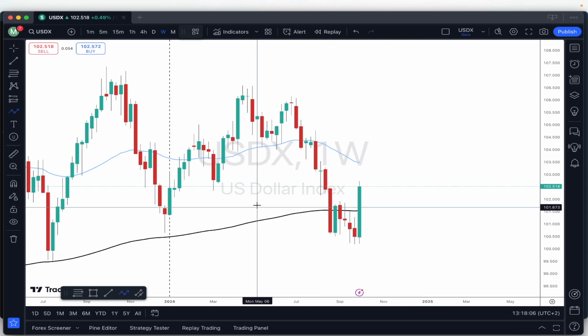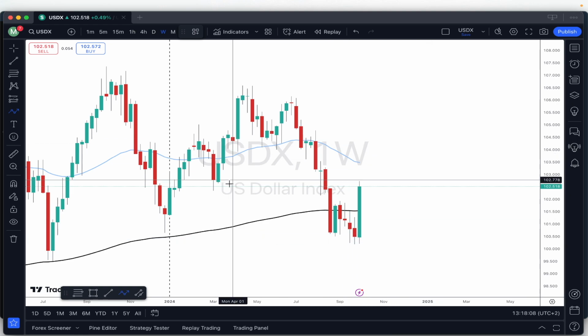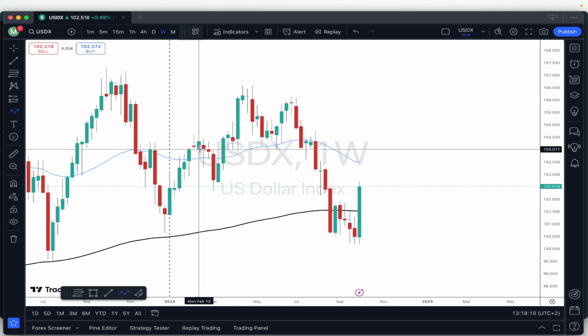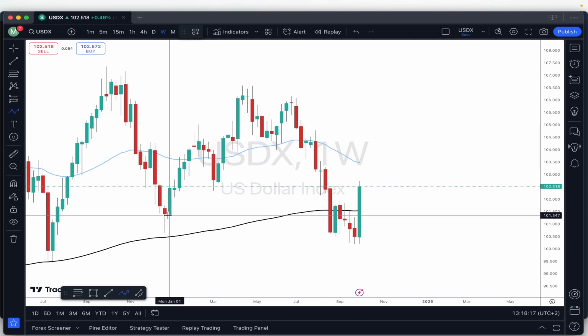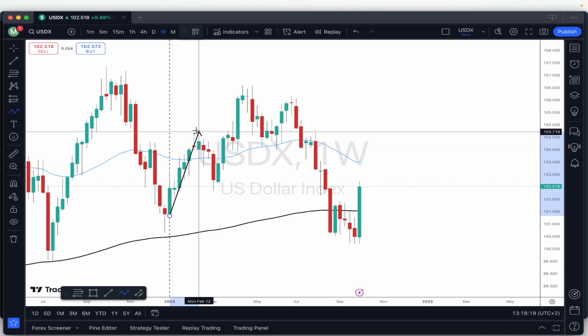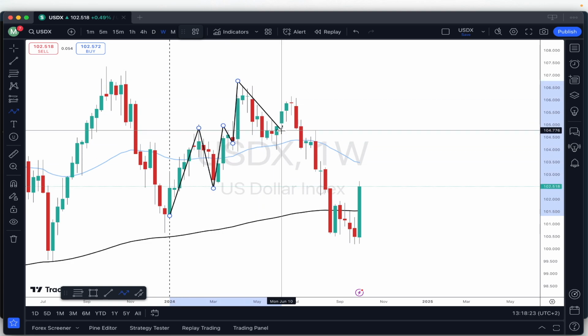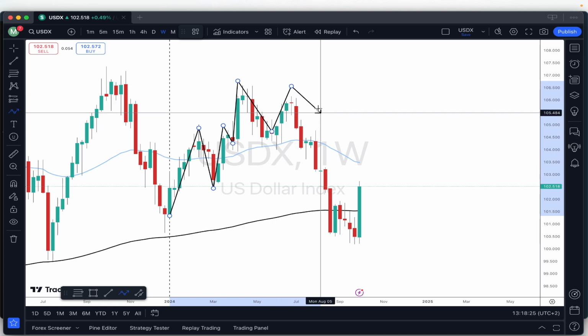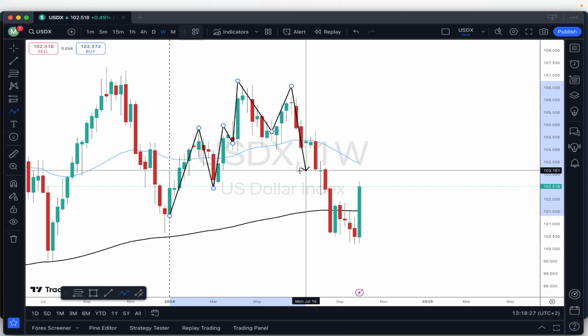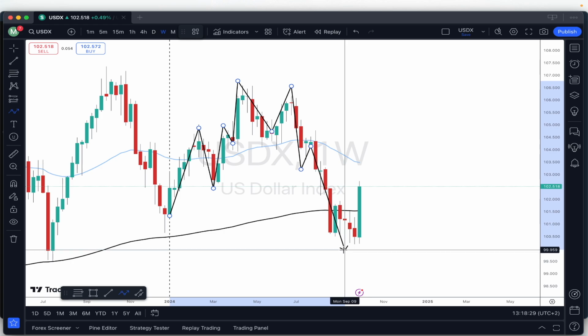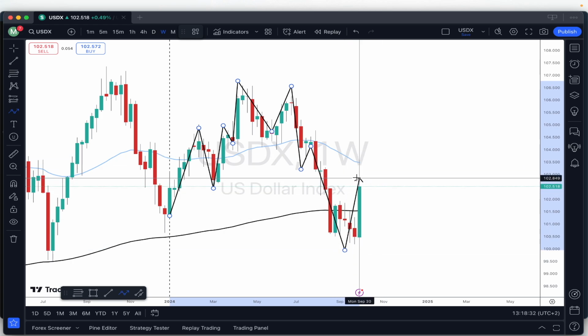All right, now looking at this chart, I can clearly see that for this whole year we've had the market start from here and move all the way up, and then it created a peak with a shorter second leg, and the market has moved all the way down and is now retracing.